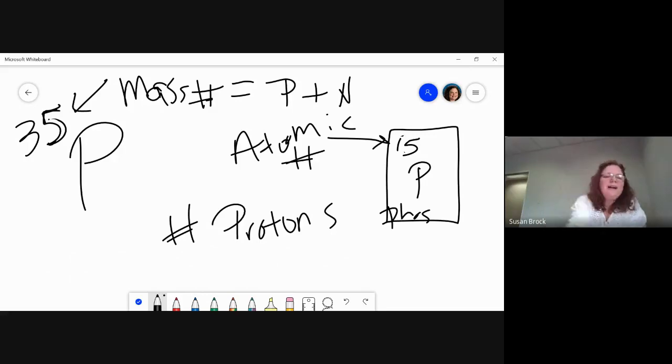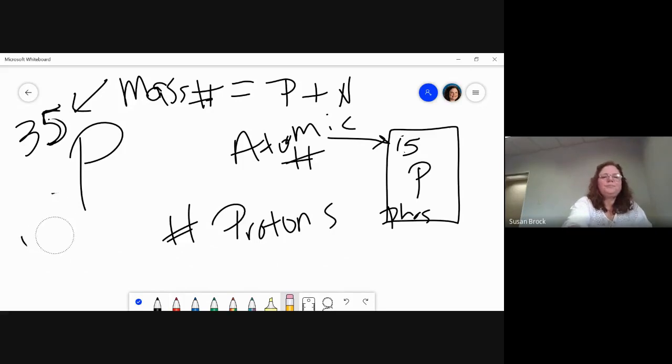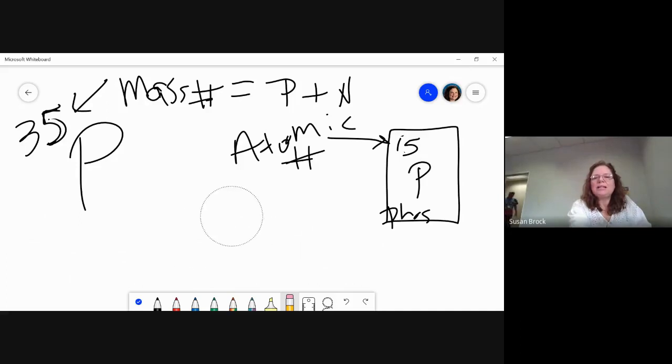So if I didn't have this little number here, I could go find it on the periodic table. That's why we can take it off sometimes, and you can still find it. So from having a P here, we know how many protons, from the periodic table.